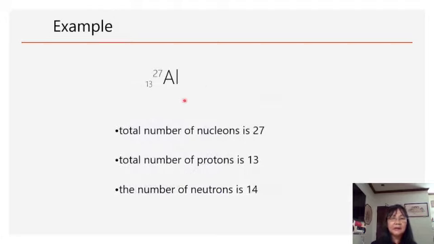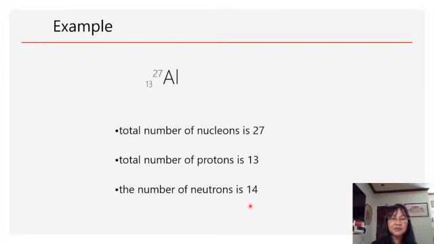So knowing the nuclide representation, we can determine the number of particles that are present in the nucleus. For example, for aluminum-27, with atomic number 13, the total number of nucleons is 27, and the total number of protons is equal to 13. So the neutrons is equal to 27 minus 13, the larger number minus the smaller number.